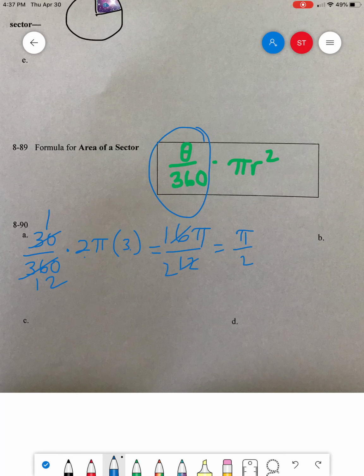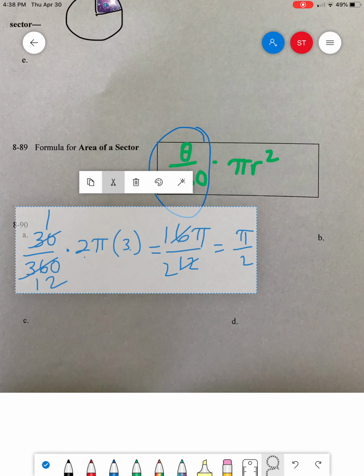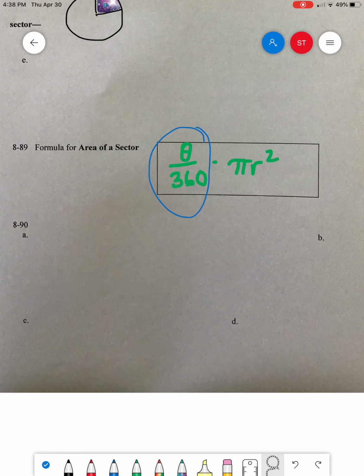Okay, how about the other circle with a radius of 5, but still with that central angle? So check this. I'm going to come in with this. This is my new little toy. Check this out. Cut it out. Done. Okay, so if we take 30 over 360, again, I should have saved time and said that was 1/12, times 2 pi, let me erase, times 2 pi radius of 5.